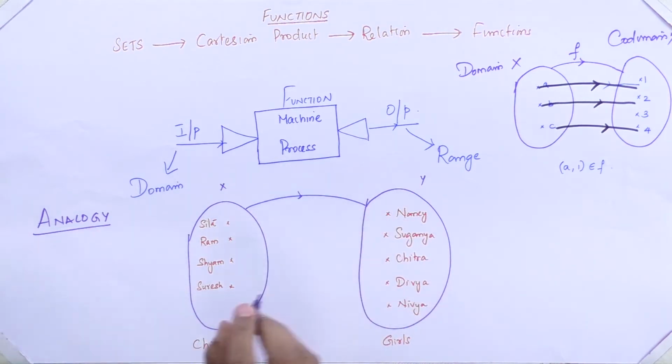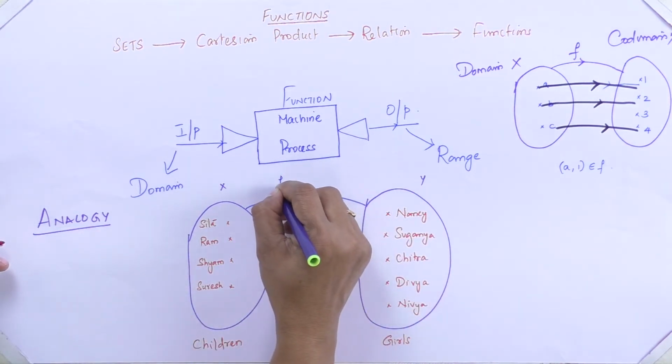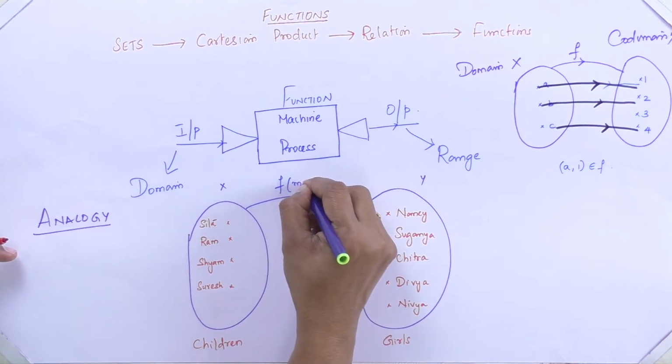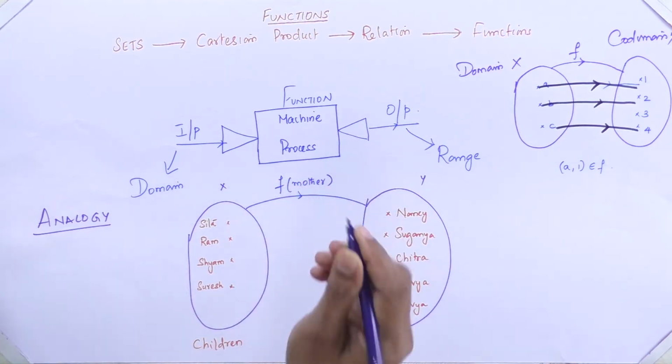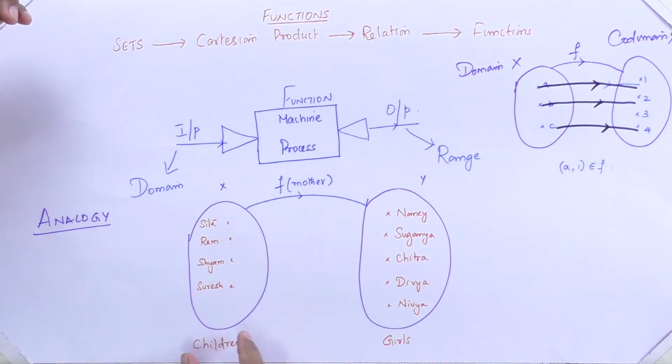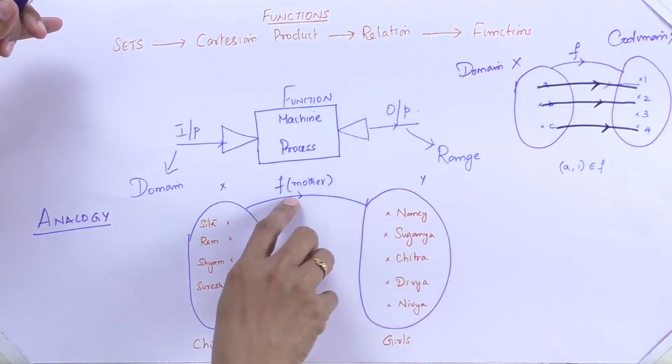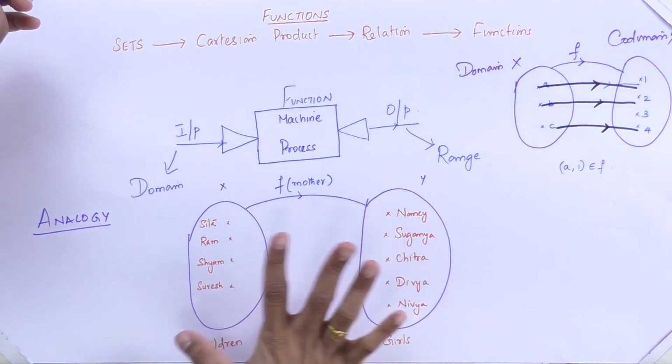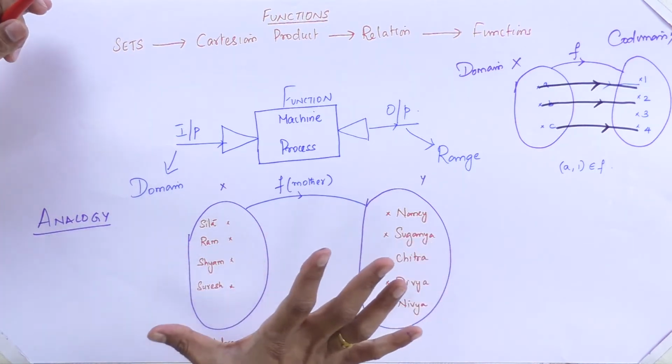So now the relation, or the function here, is mother. So how this transforms, let us see. Here in the domain set I have children, and in my codomain set I have girls. Girls are nothing else but the mothers. So how this maps is a very good example.